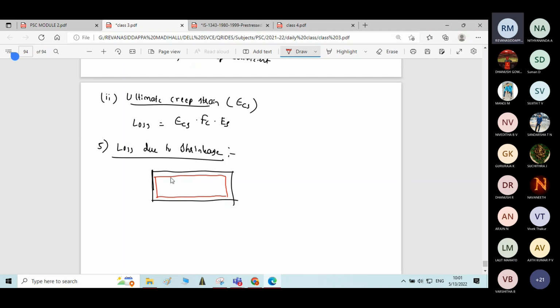Why does this reduction in volume happen? If excess water is added into the concrete, more than that required for the hydration process, then that excess water will evaporate out from the concrete member, leaving pores inside the concrete, which in turn reduces the volume of the concrete.